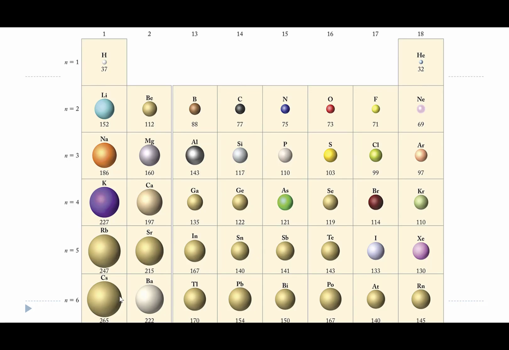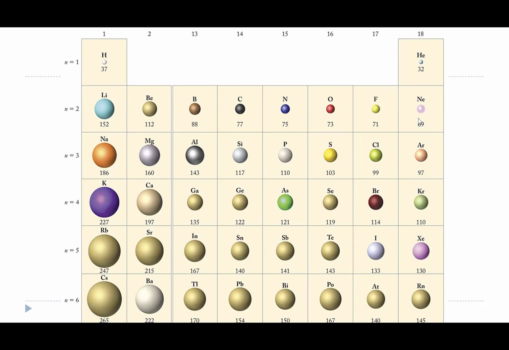The trend from left to right is not so easy to understand. It's not as intuitive. Let's look at lithium to neon. The trend we see from left to right is that it gets smaller. What's going on there?